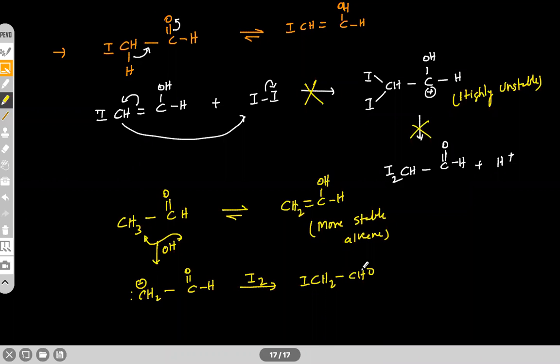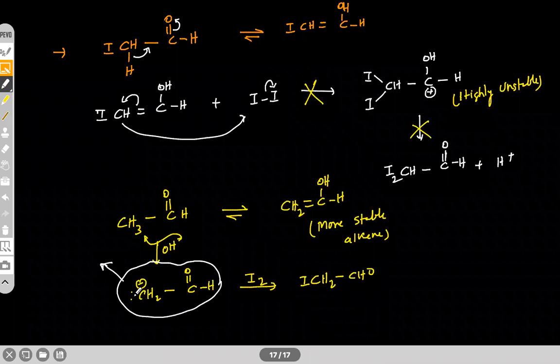So what is important is that if the medium is basic, then we'll write down the stable carbanion, negative charge. Basic medium, we need stable carbanion; with this, we'll write down the product. Acidic medium, we need stable alkene for the formation of product.